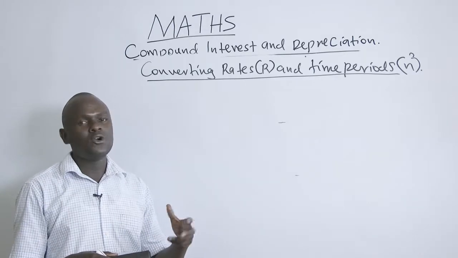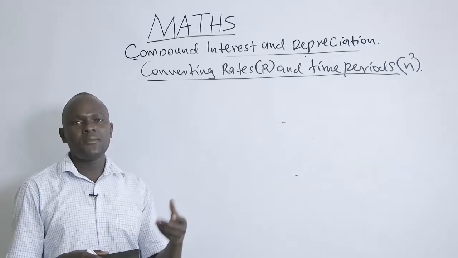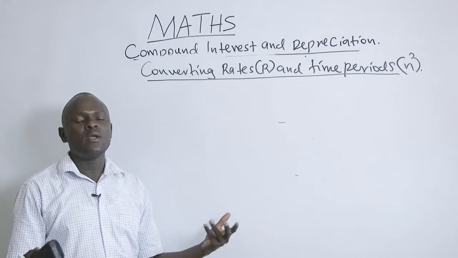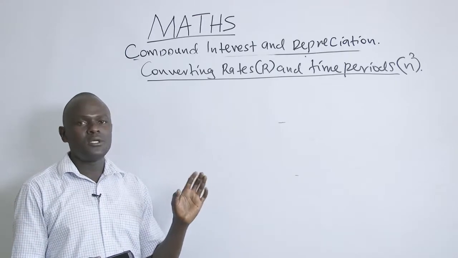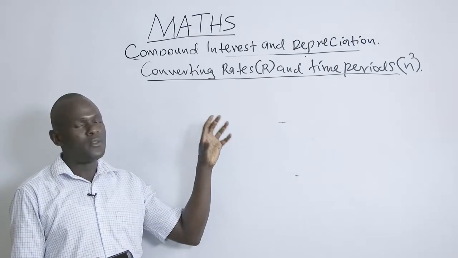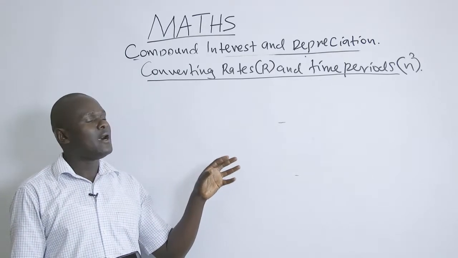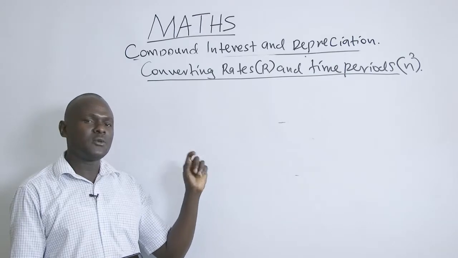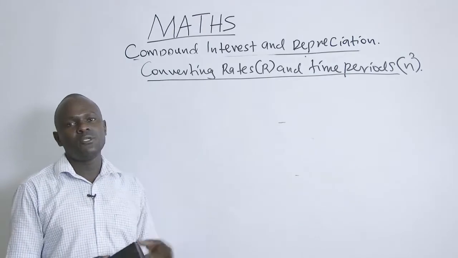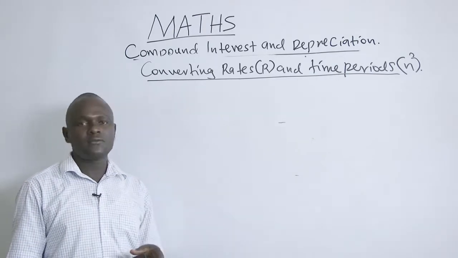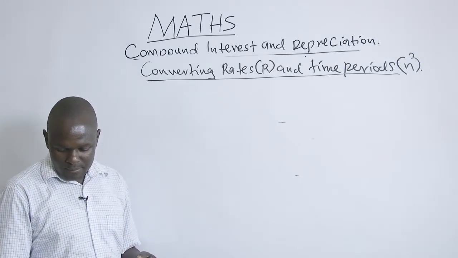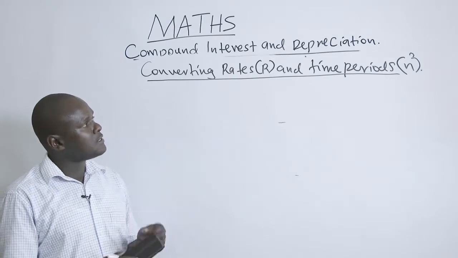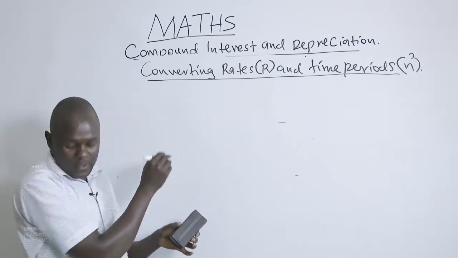So if they are going to compound the interest monthly, within a year we will have 12 periods. So it is also good that we know how to convert the periods given and to know the exact number of periods before we feed the same information into our compound interest formula that we will learn. Let us use an example to look at how to convert this.